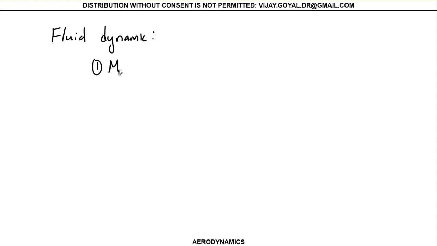The first one is that mass is conserved. This is also known as the continuity equation. Mass cannot be created, nor can it be destroyed.